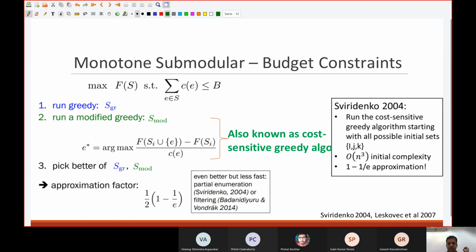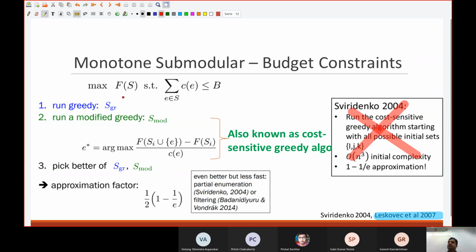This is the follow-up work from Leskovec. Leskovec said, let's add an additional step. Instead of doing this, let me just cancel this. What Leskovec says is, the core algorithm of modified greedy you use, but you also run the normal greedy.